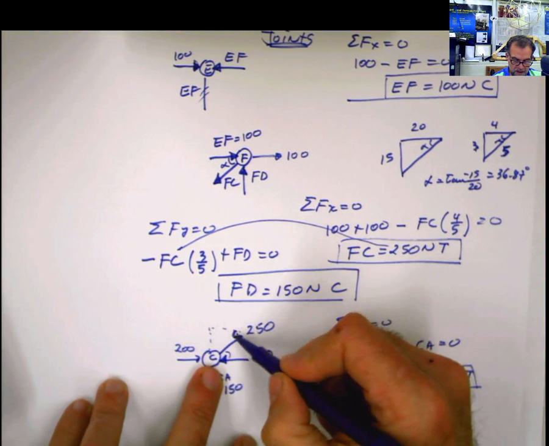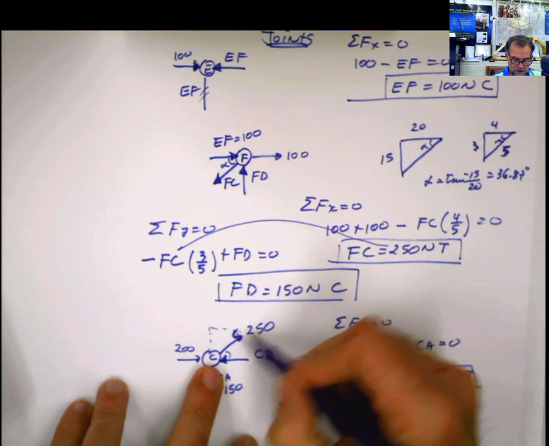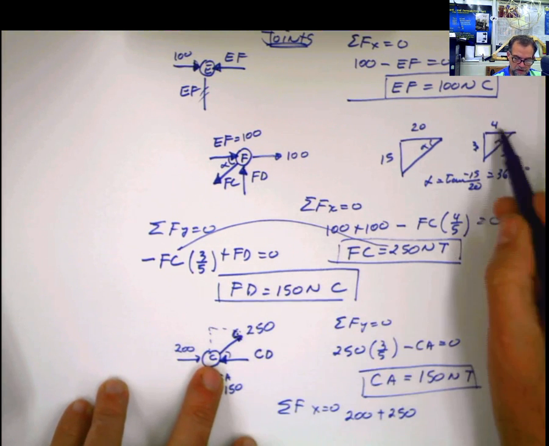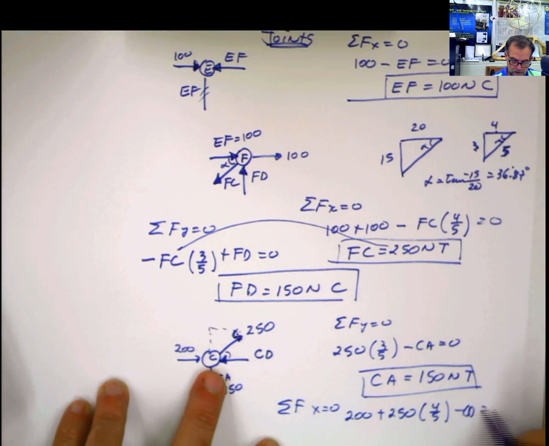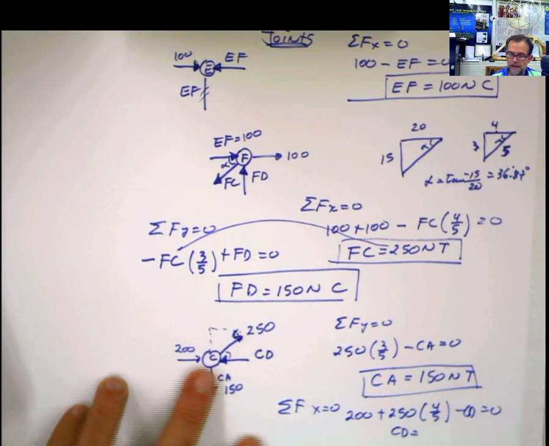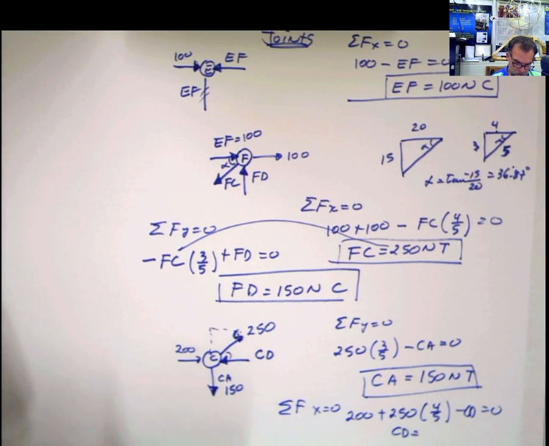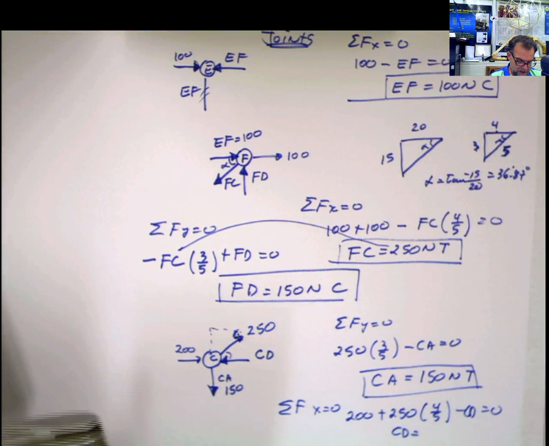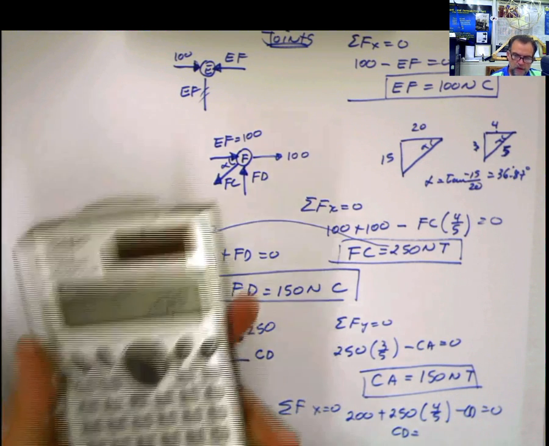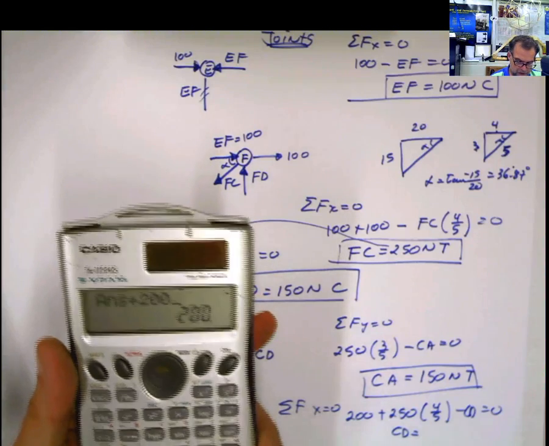If I use this angle alpha, the horizontal component is going to be cosine alpha, or it's going to be 4/5, minus CD equals 0, and from here you calculate CD, and CD is equal to 250 multiplied by 0.8, that's 200, and 200 plus 200 is equal to 400.